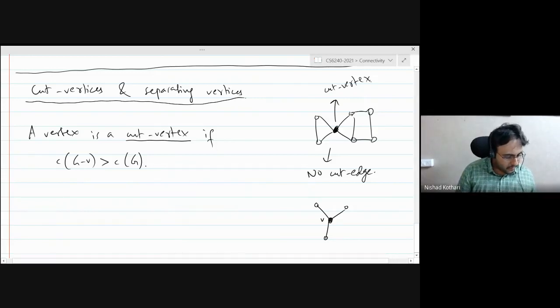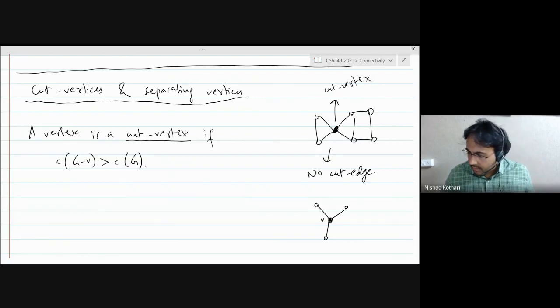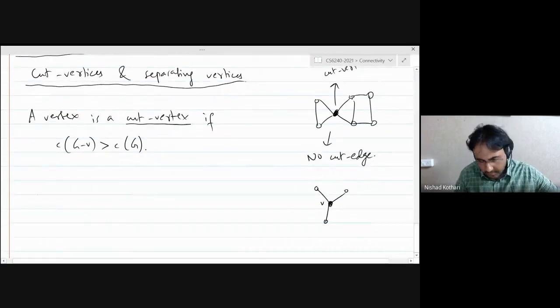So let's start with a simple theorem that I will actually prove in the next lecture. So let's relate it to connected graphs.